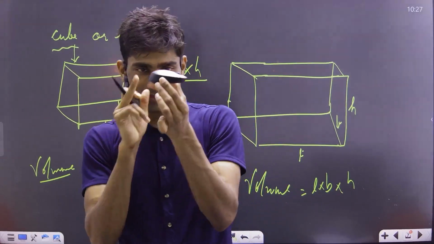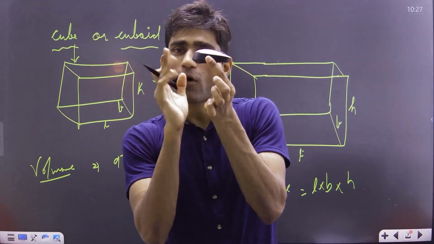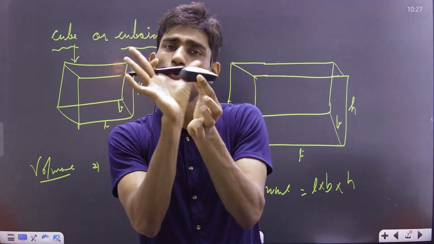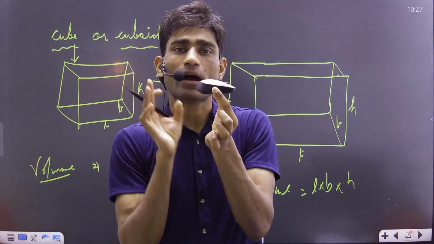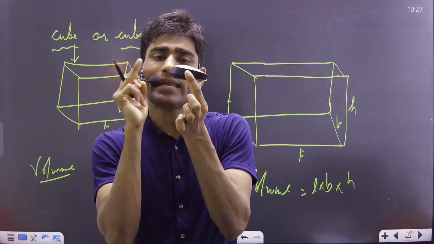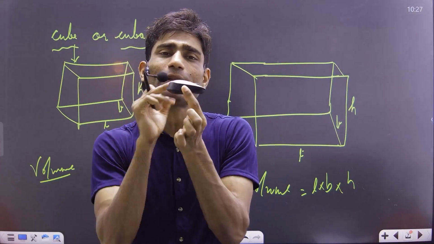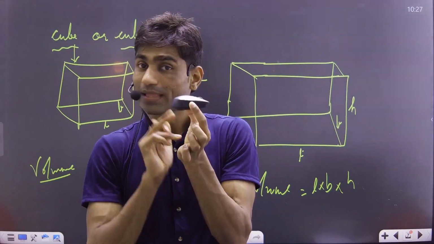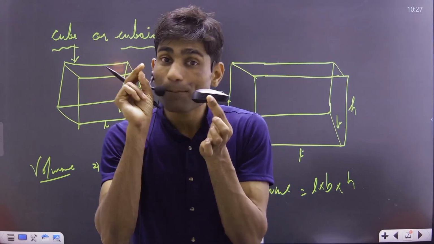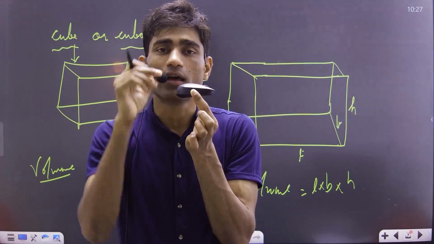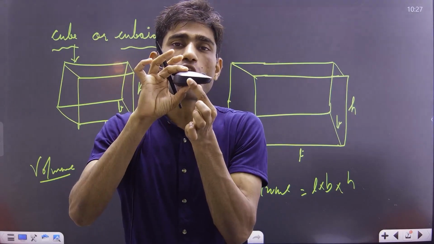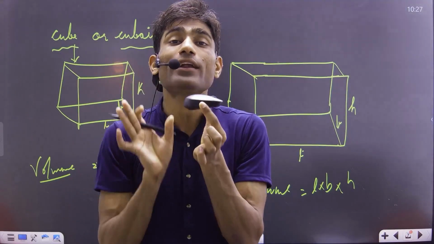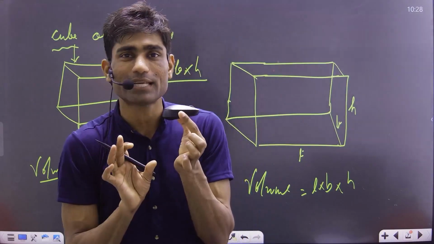Now see that for the left and right sides, we have two surface areas, and for the front and back sides, we have two surface areas. So the curved surface area gives us the front and back sides plus the left and right sides. But note it down: the area of the top and the area of the bottom we cannot consider as part of the curved surface area or lateral surface area.